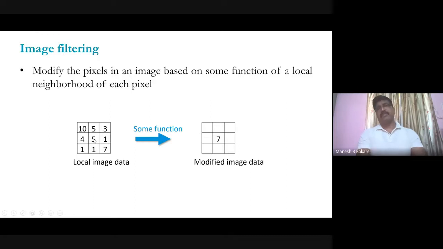After doing the filtering, or convolution, or correlation, you get the value of this pixel 5 as a modified value of the image data, that is 7. So this is done by applying the filter on this image, and so on.